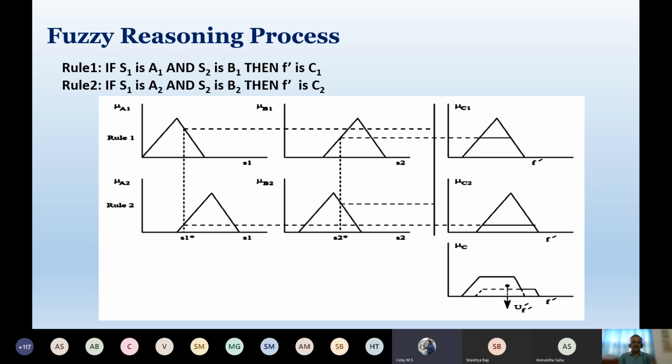You try to find the output separately for fired rule 1 and fired rule 2. After that, you use the union, that is the OR operator, to find the combined output. Okay, I just got confused because of the line between rule 1 and rule 2. Now is it clear? Yes. Thank you, sir. Fine. Next.